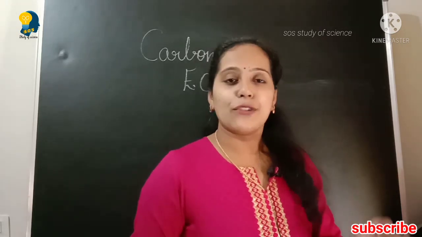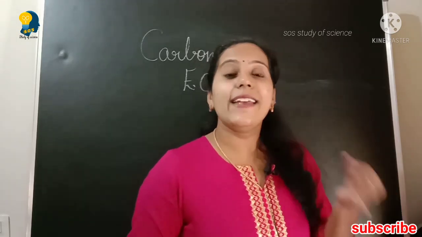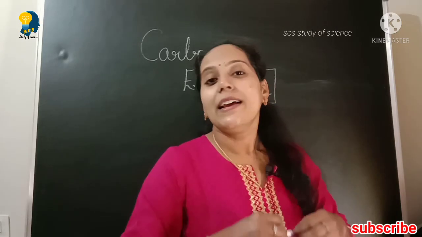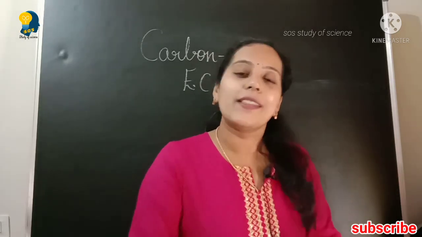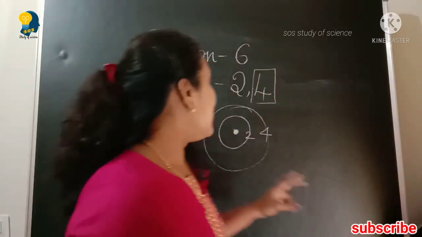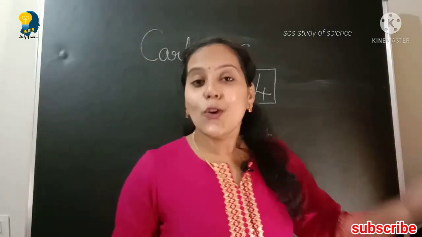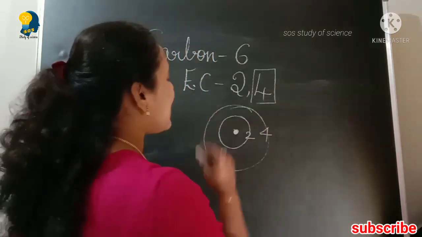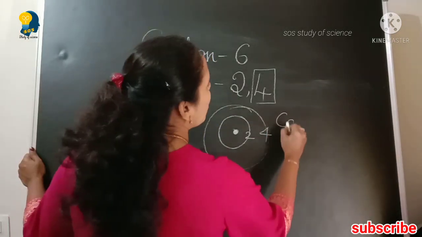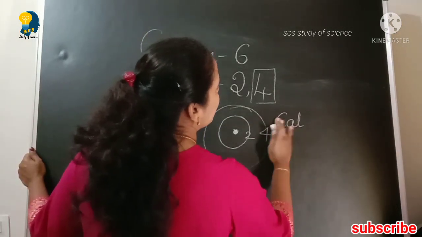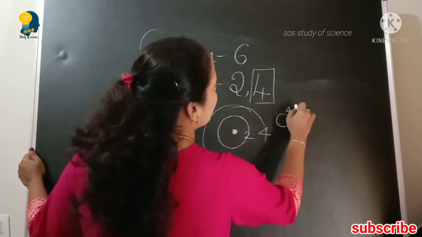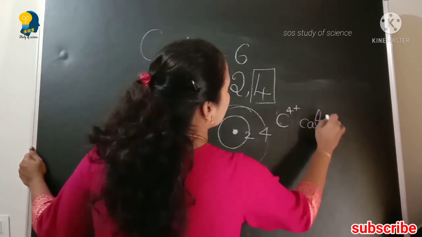If there is 1 electron, 2 electrons, 3 electrons, an atom easily loses the electrons and forms a cation. But it is difficult for the nucleus of carbon to donate or lose 4 valence electrons. That is the reason carbon cannot form a C4+ cation.